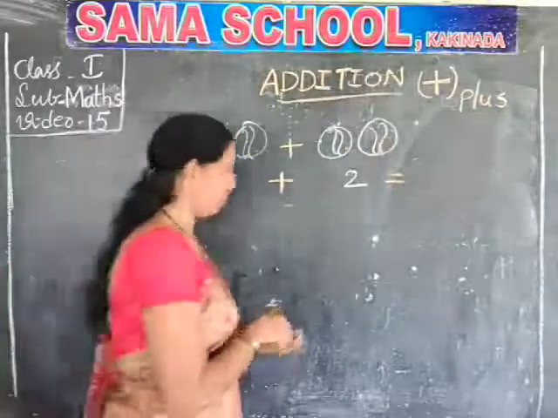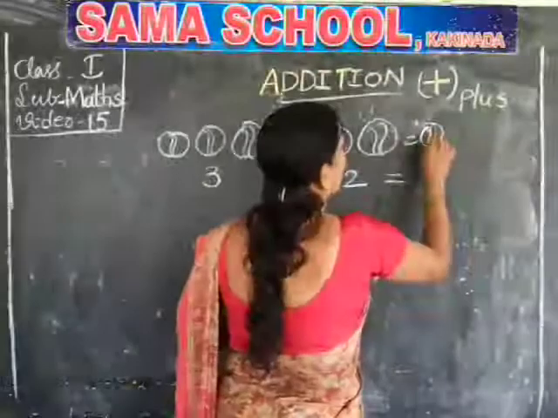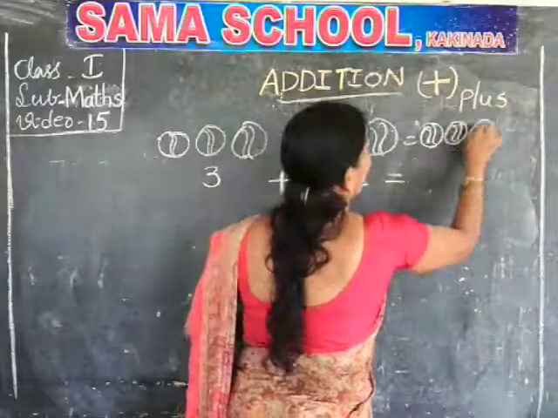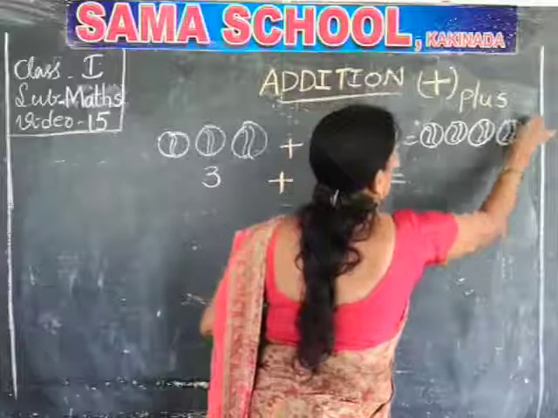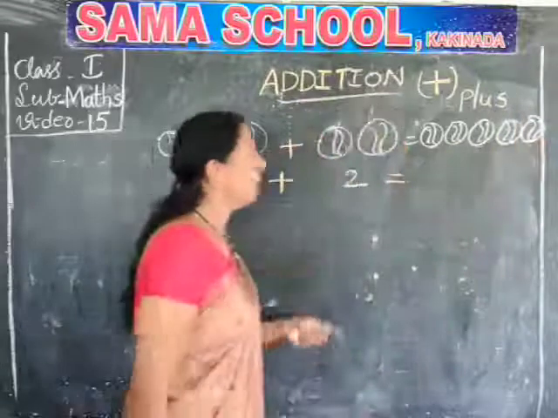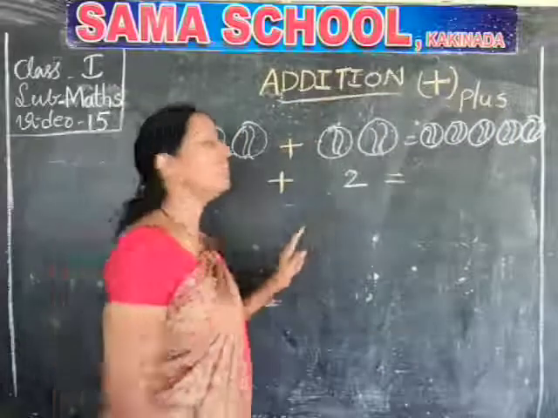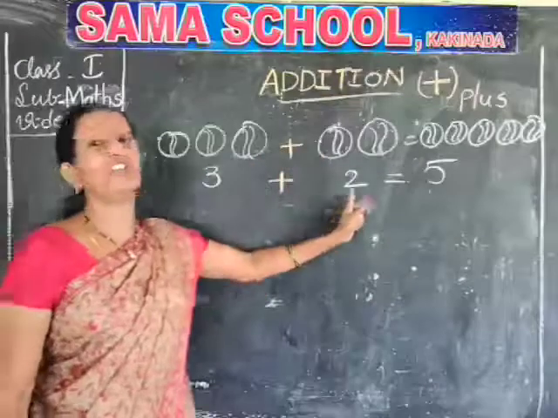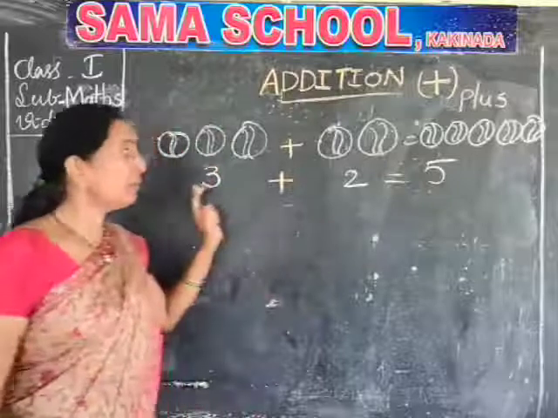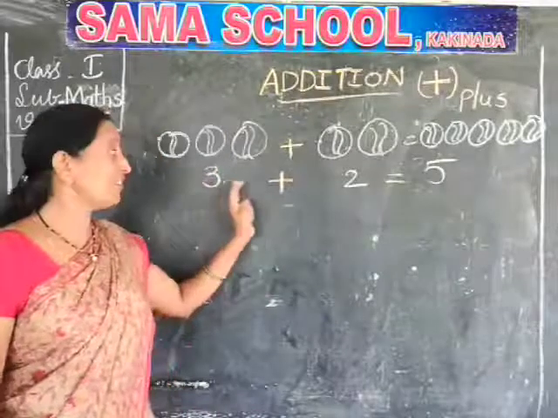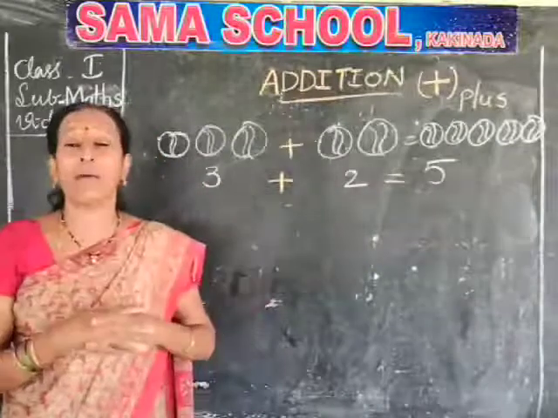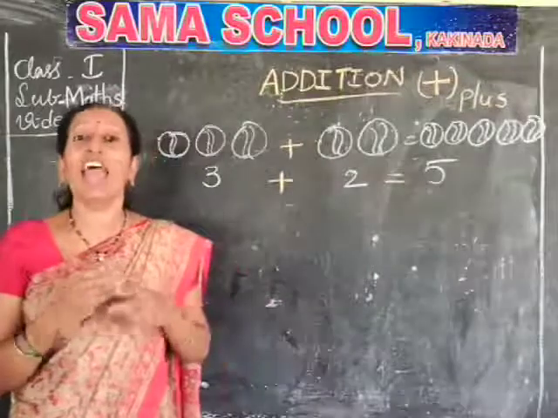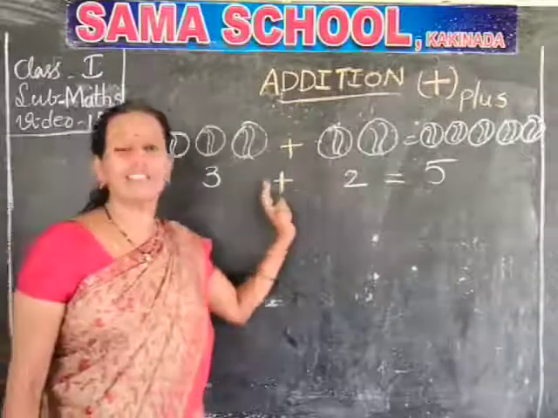So how many is 3 plus 2? 5. No, children? Here these two numbers we are combining, joining or adding. This is the addition.